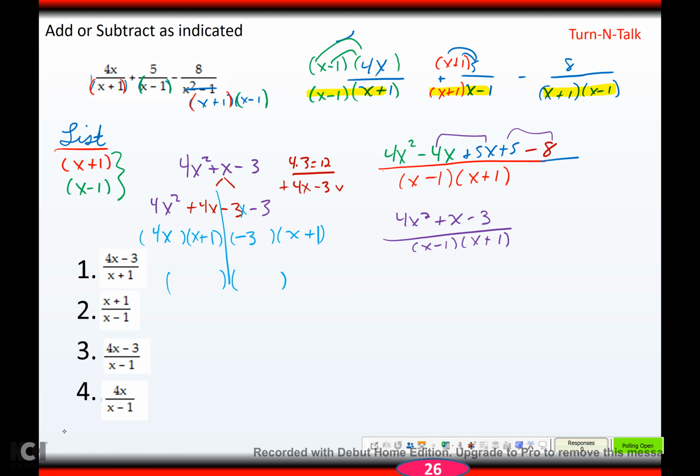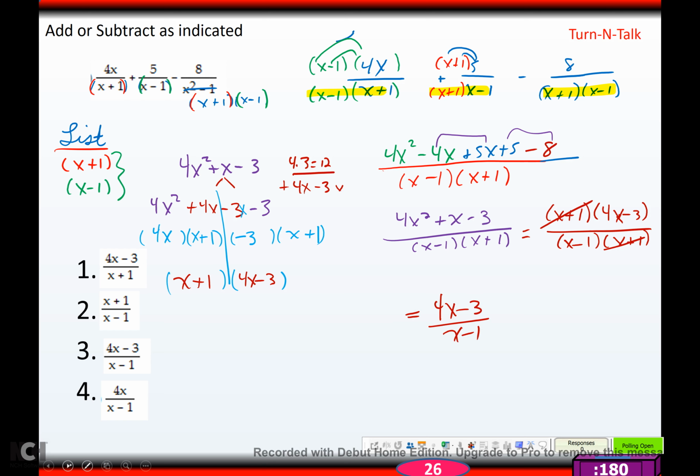GCF again by the x plus 1 leaves 4x minus 3. So on top, I can rewrite that as x plus 1 times 4x minus 3 over x minus 1 times x plus 1. The x plus 1's cancel, and I'm left with 4x minus 3 over x minus 1.